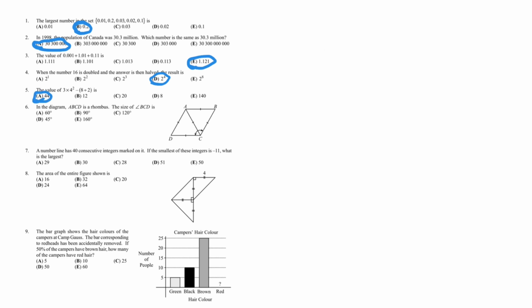Number 6, in the diagram ABCD is a rhombus. The size of the angle BCD is? Rhombus, all 4 sides are equal. Also, in this figure, AC is the same as AB and BC, the tick marks mean all sides are equal.